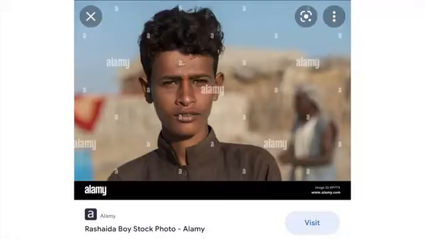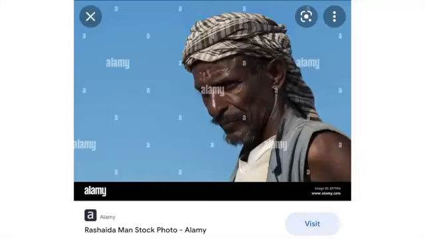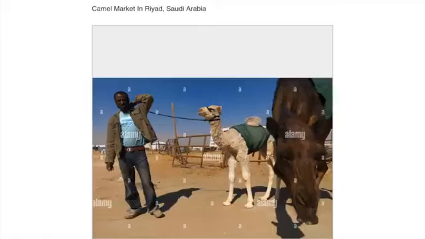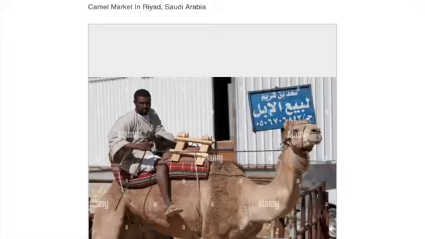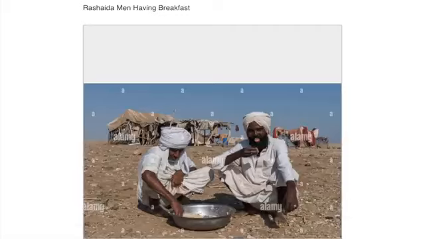Here is a Rashidi boy, brown skin, brown eyes, brown hair, or dark hair. Here is a Rashid man, Bedouin. Here is a Rashid in Saudi Arabia at a camel market. And here is again in a camel market in Saudi Arabia, a Rashid man on a camel.